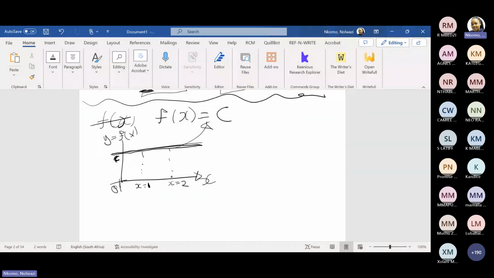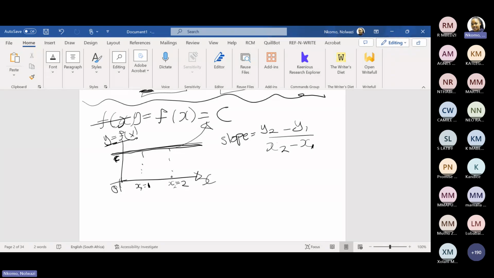To find the slope of this function, you'll have slope equals y2, or you can write f of x2, minus y1 over x2 minus x1. Okay, this is x1, this is x2. This is the formula for finding a slope.